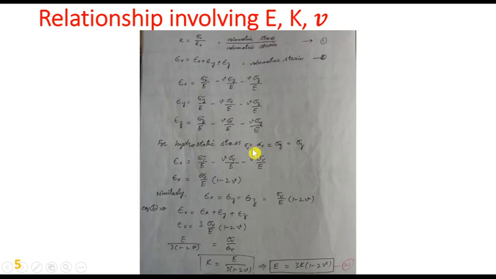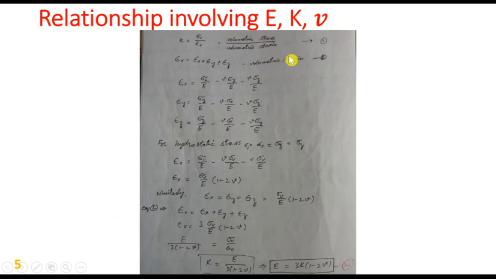So when you put it here, the result is epsilon x is equal to sigma v over E into 1 minus 2 mu. Similarly, epsilon x, epsilon y and epsilon z are all the same, so the result for epsilon y and z will also be the same, equal to sigma v over E into 1 minus 2 mu.